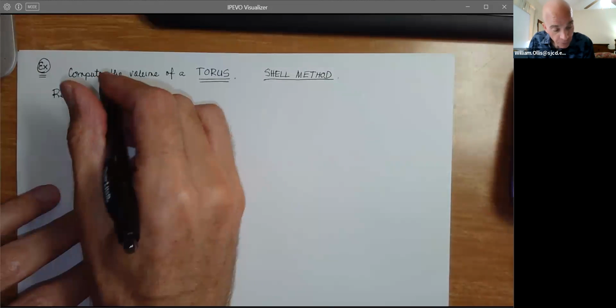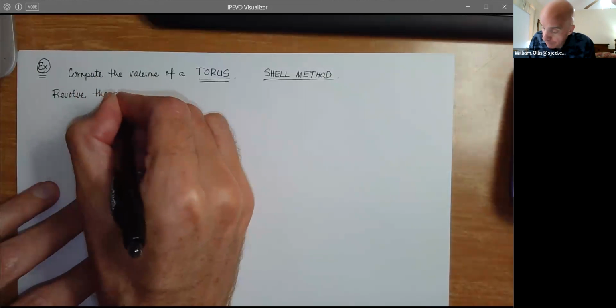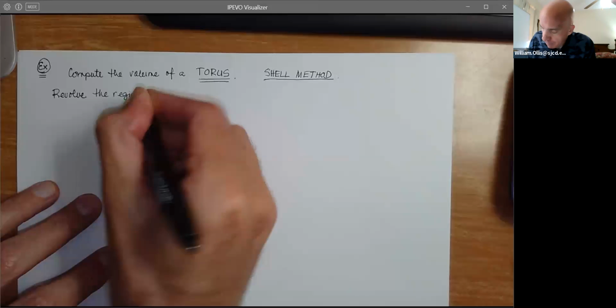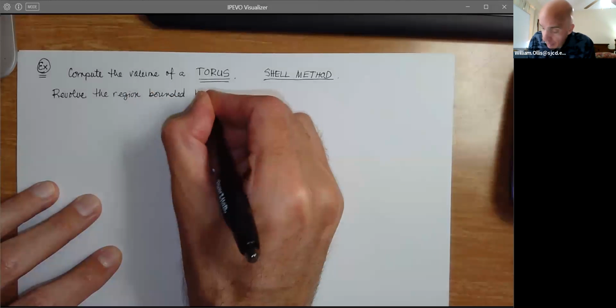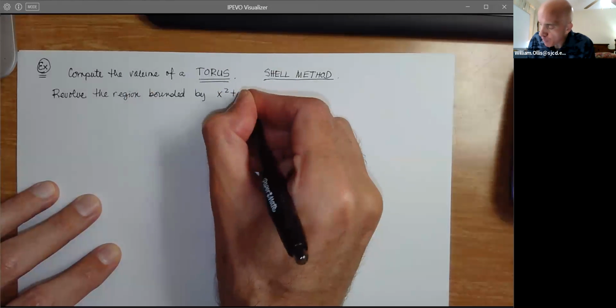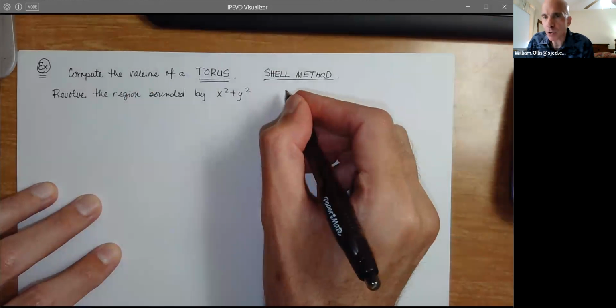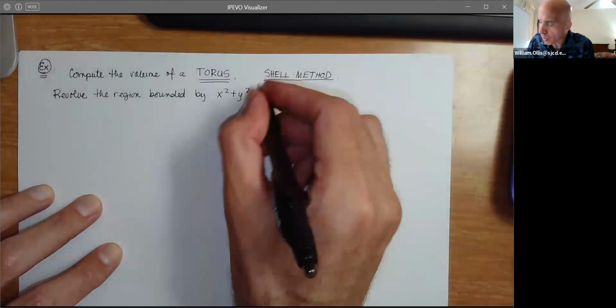So revolve, in this case, the region bounded by the unit circle, x squared plus y squared equals 1. So this is specific to a particular torus. This is not the general version, but we've got to start somewhere.